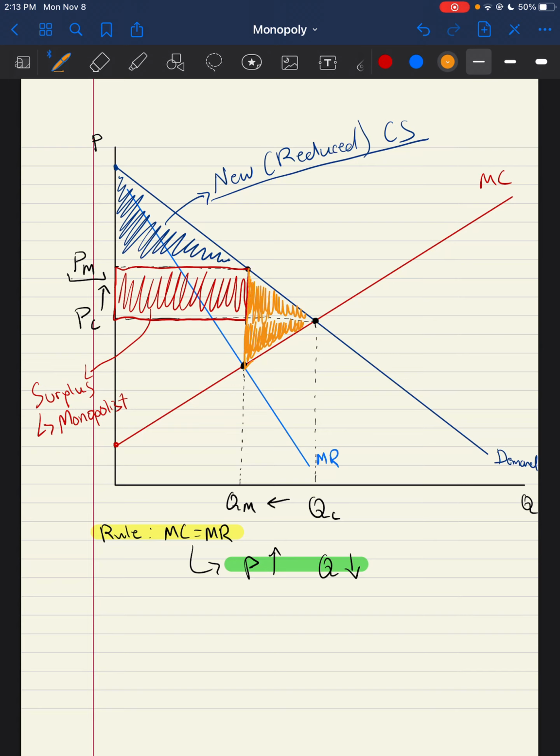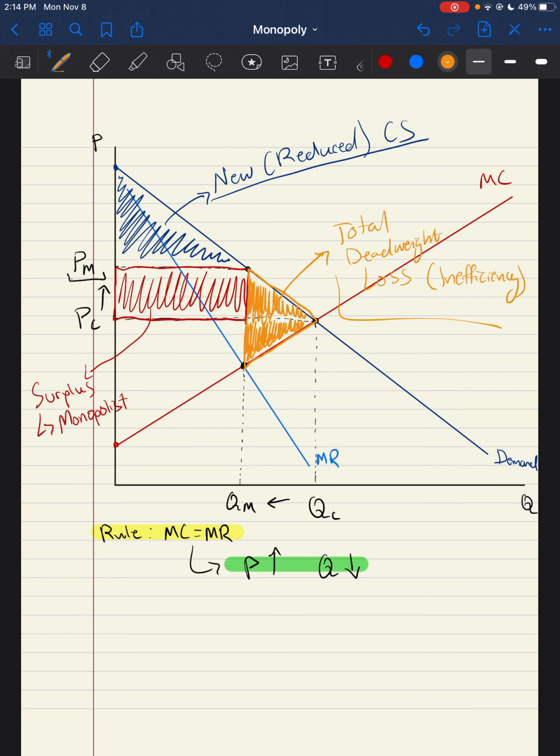So this whole triangle, both of these added together, becomes our total deadweight loss. That is basically the burden that this monopoly is imposing on the market. That is our efficiency loss. This is generating some sort of inefficiency.